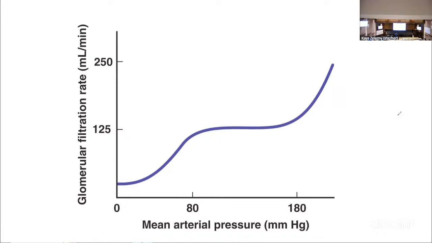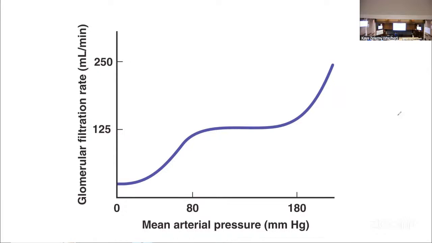And the glomerular capillaries are capillaries, so they will be influenced by your blood pressure, right? So there's a relationship between our glomerular filtration pressure and our mean arterial pressure, which means that there's also a relationship between our glomerular filtration rate and our mean arterial pressure, because if your filtration pressure goes up, that's going to mean that the amount of fluid going into the nephron is also going up, okay?